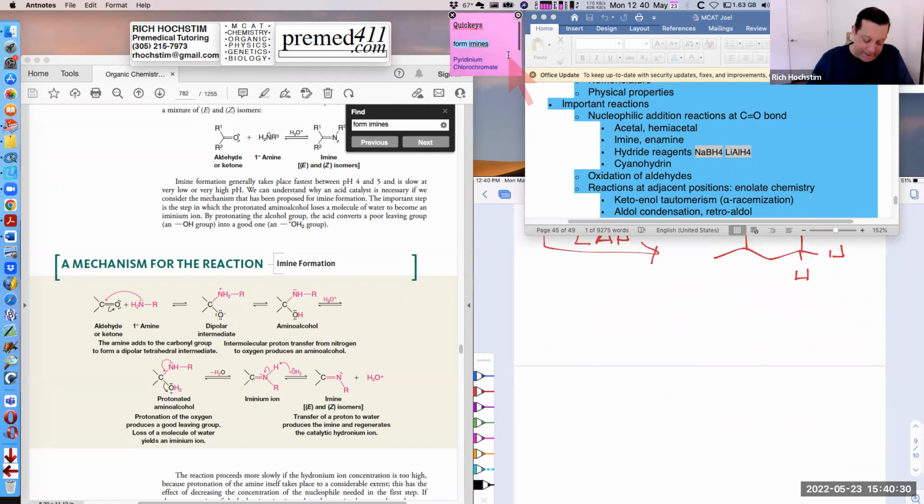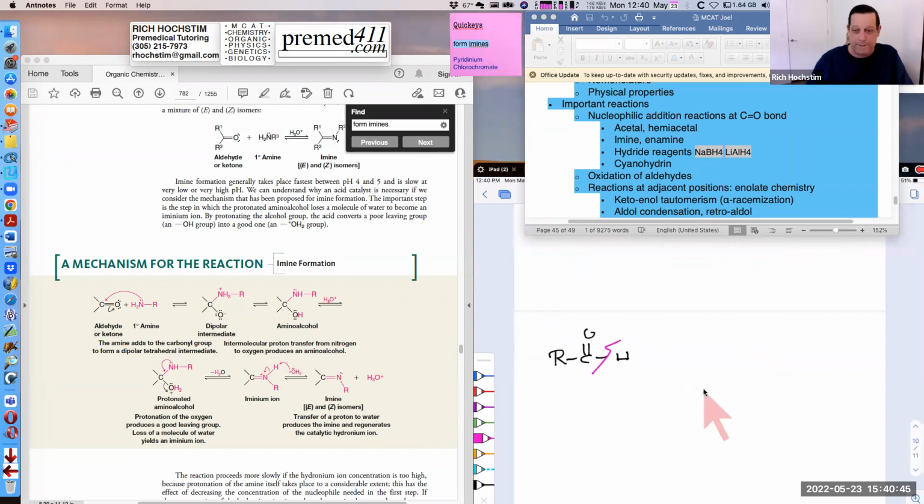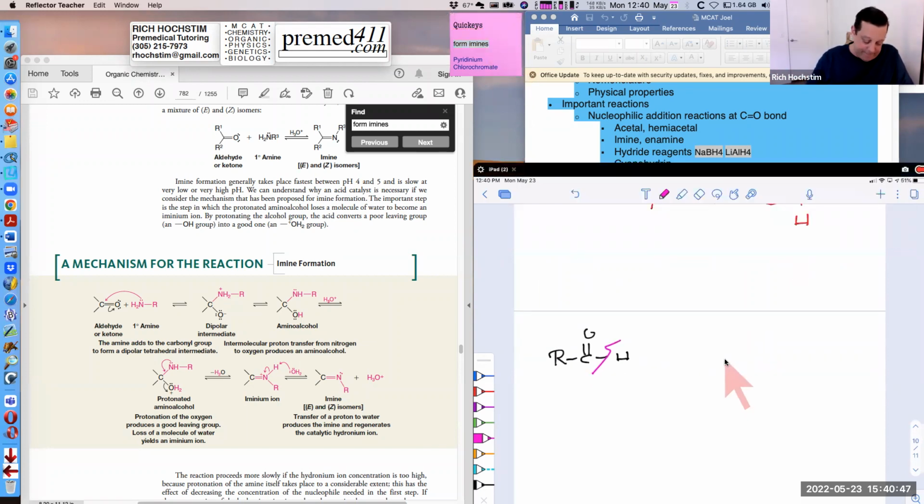So what happens is that if we have an aldehyde, it's easy to oxidize it because this hydrogen can be cut off. Now, what happens is if you have a ketone, there's a reaction you can cut this R group off it, but it's not on the MCAT. You basically can't cut that.